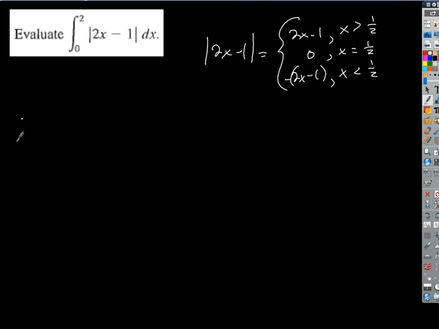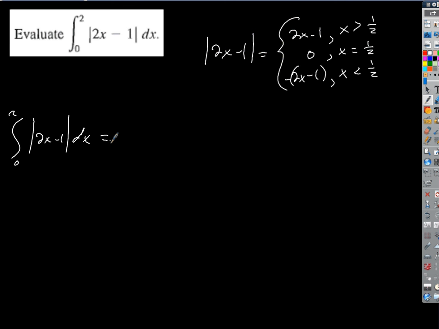So we can write the integral from 0 to 2 of the absolute value of 2x minus 1 as what? Based on our piecewise function, we're going to write the absolute value as a piecewise function.